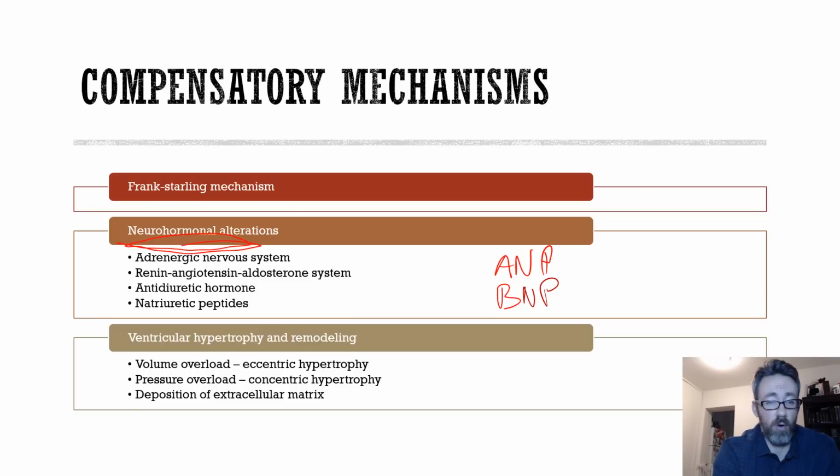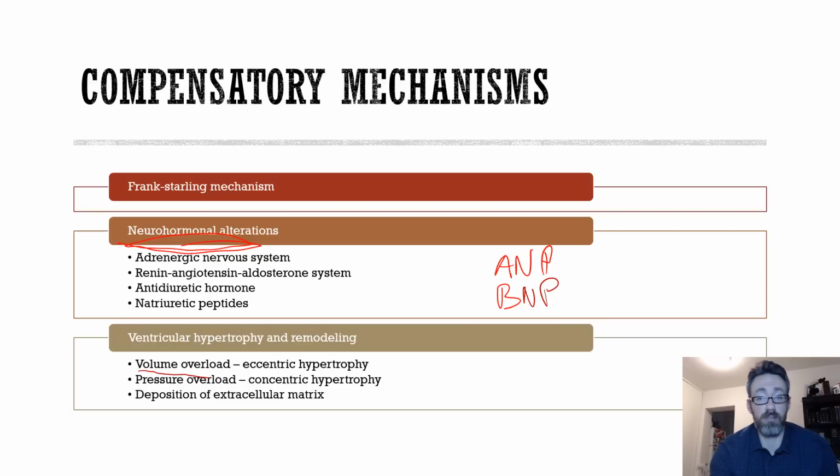If I have volume overload, let's say I have a regurgitant valve, like aortic regurg or mitral regurg or something like that. That volume causes a lot of stress on the walls of the ventricle there. And in response to that stress, as well as in response to the elevated hormones like angiotensin 2, aldosterone, the catecholamines, it's going to undergo hypertrophic changes.